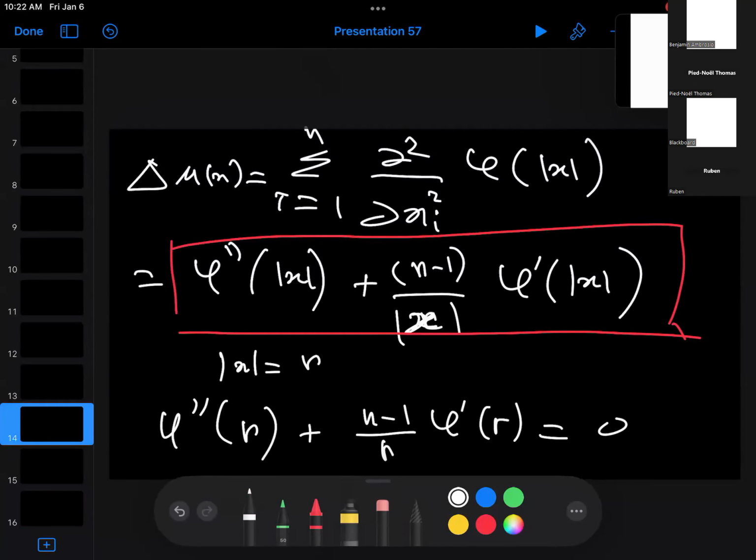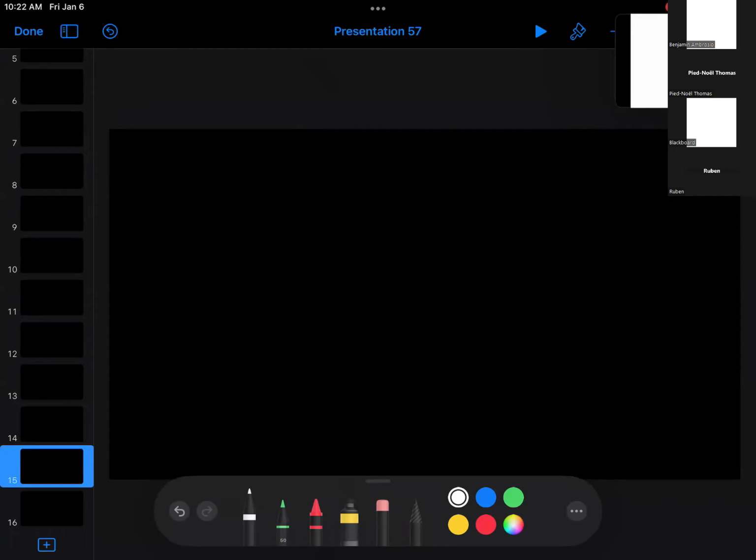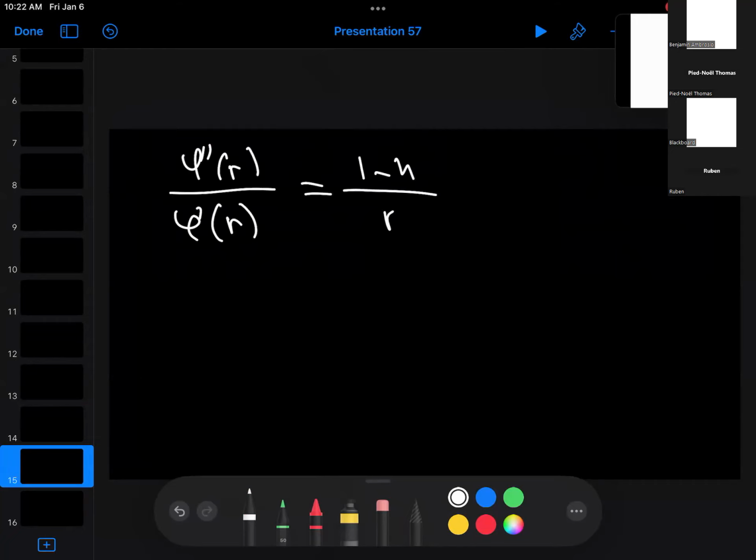If I put phi prime and phi second on the same side, I can get that phi second of r divided by phi prime of r equals 1 minus n divided by r.